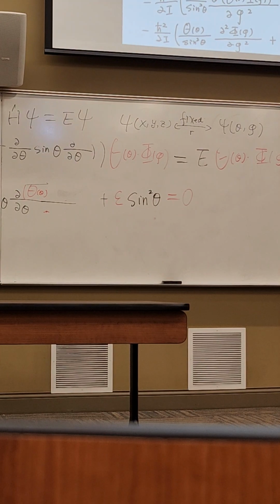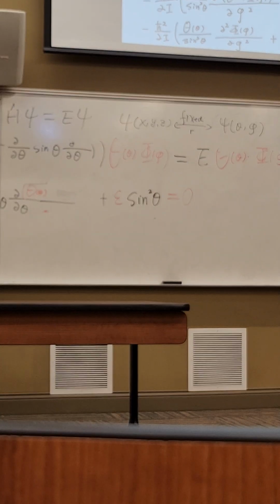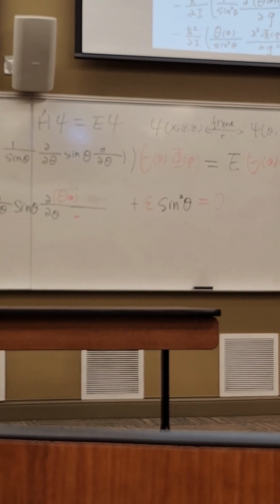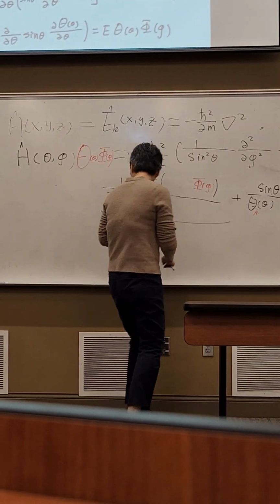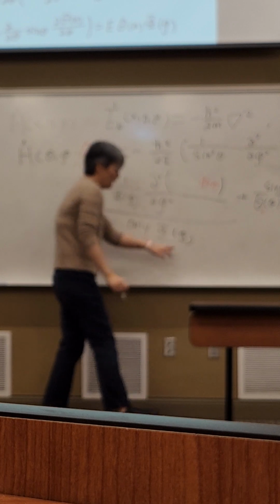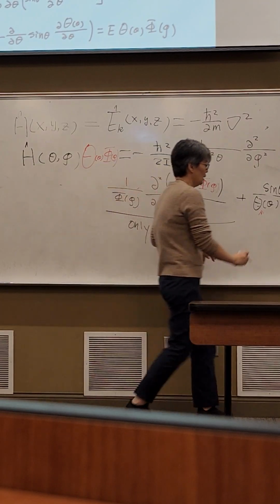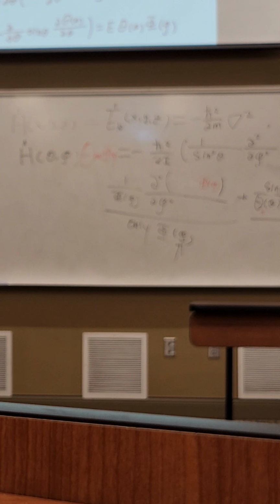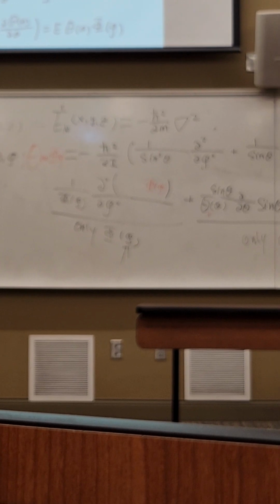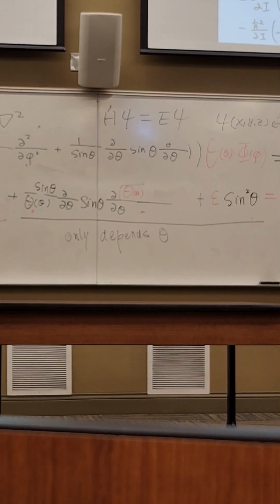Any questions on that? All right, now let's take a look at this. We will have this term only depend on the variable of phi. And we have these two of them only depend on the variable of theta.